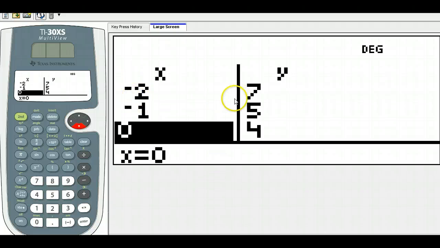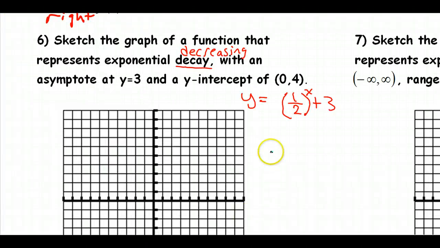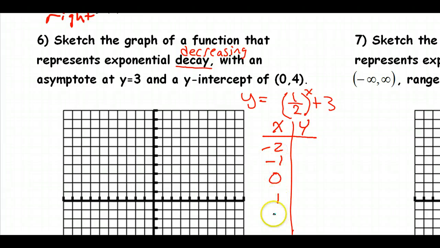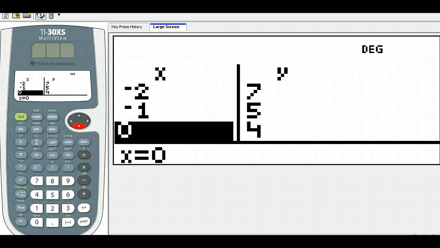So -2, 7. Maybe we should make a table of values on the paper. So x, y, so -2, -1, 0, 1, 2. So -2, 7. What else? 5, 4.